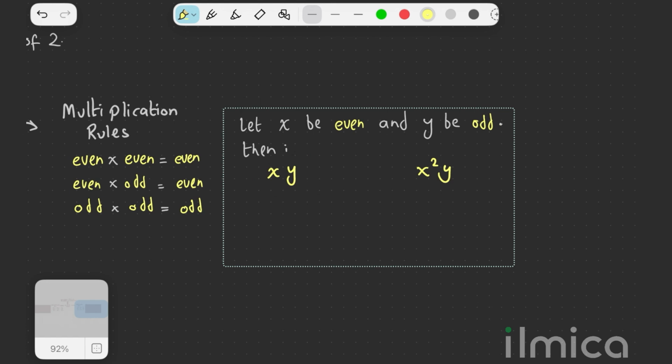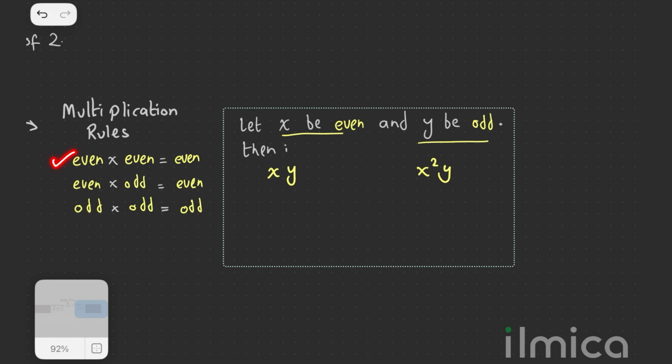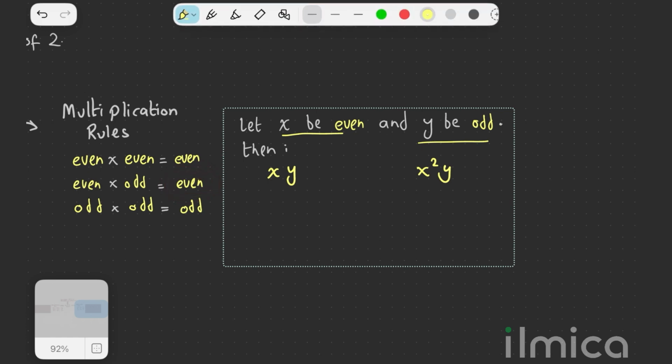Remember that x is even and y is odd. Can you tell which rule out of these three is going to be applied? Because x is even and y is odd, we're looking at this particular rule. And we know that the result is going to be an even number. So our answer over here is going to be even.